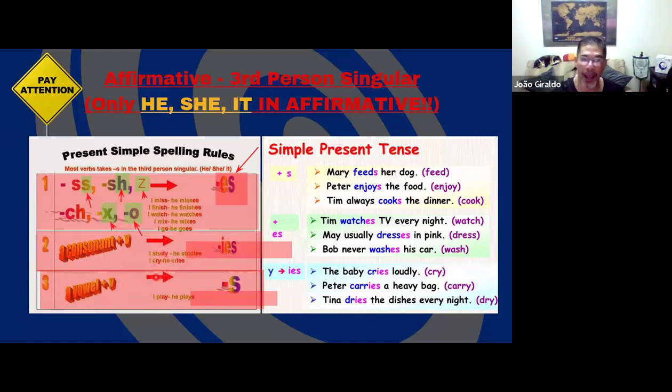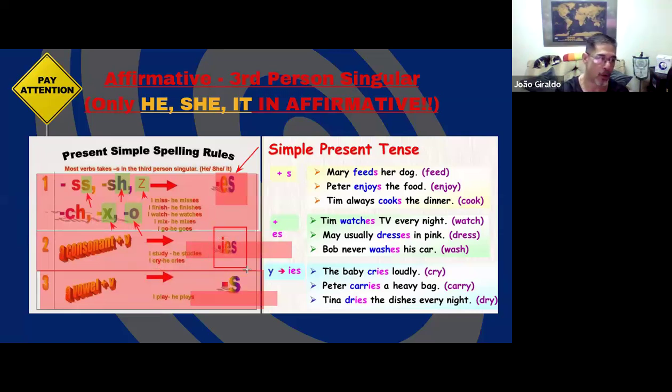Or the verb to cry. The termination is the letter R and the letter Y. So consonant and Y. In this case, only in affirmative, only for he, she, it, to my verb I add I, E, S to the verb.